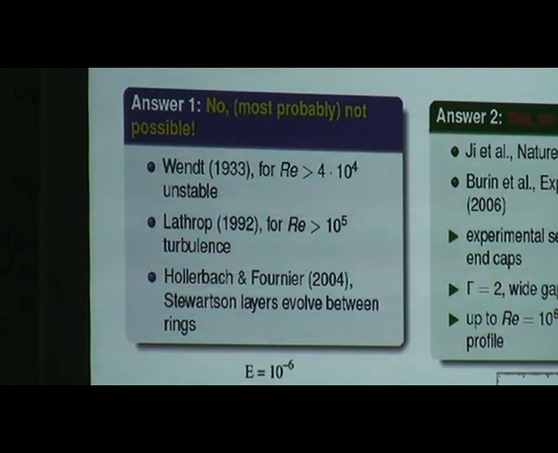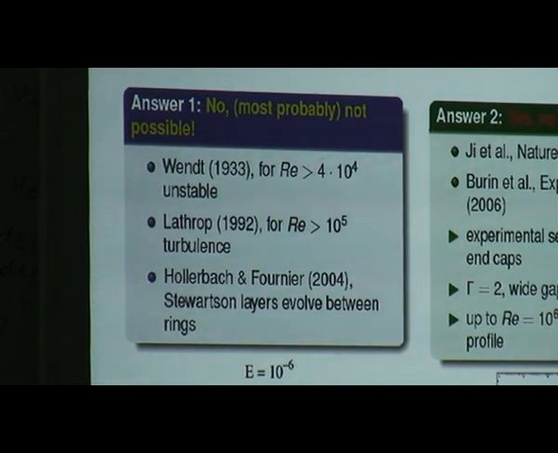than 10 to the 5. And there is a numerical analysis of what happens if one splits the end caps into several rings. If one would use an infinite number of rings, one would have the correct profile, and there should be no influence from the end caps.